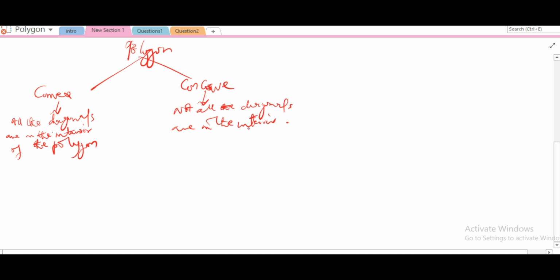Some are outside the polygon. See what I'm saying? For example, let me use a four-sided polygon. This is a four-sided polygon. You notice that this diagonal is inside, this is also inside. So this is a convex polygon. Well, look at this.